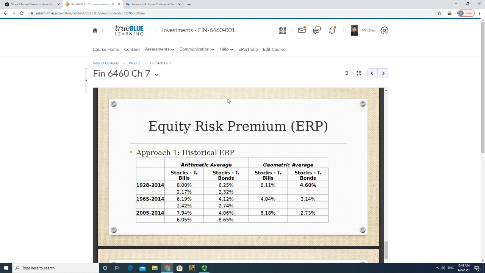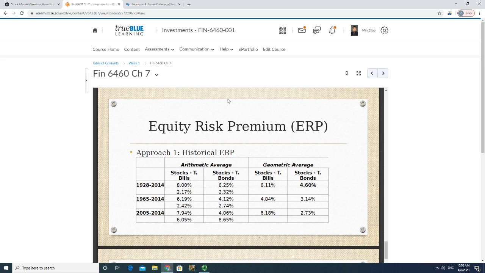Geometric mean is 6.1% for stock minus T-bill, and 4.6% for the difference between stock return and T-bond return. So here we tend to use stock return minus T-bond return as a proxy for active risk premium. So in the last 90 years or so, the active risk premium based on historical record is about 4.6%.